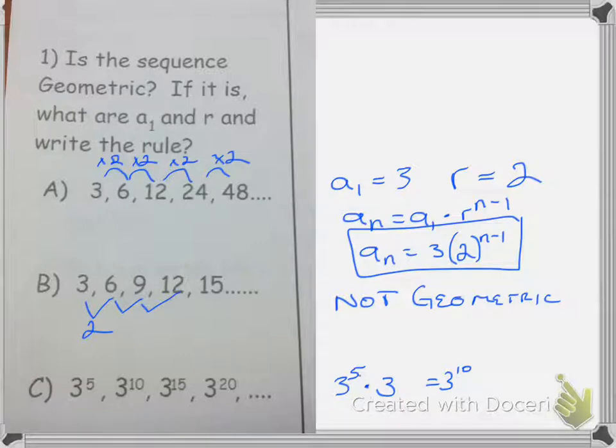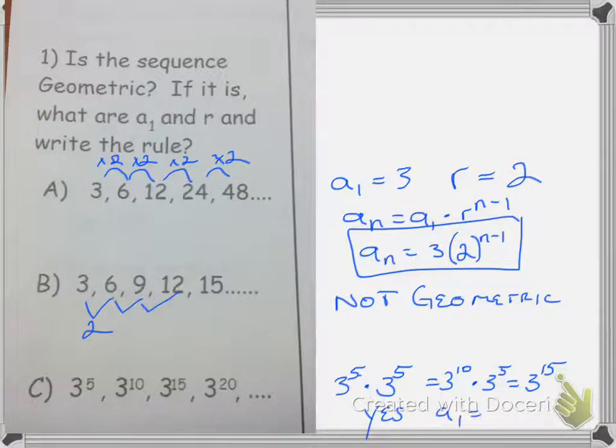So to get from 5 to 10, I would really have another exponent of 5. So 3 to the 5th times 3 to the 5th becomes 3 to the 10th. If I multiply by 3 to the 5th again, that's the next term, because I'm adding the exponents, 3 to the 15th. Multiply by 3 to the 5th again, that will be 3 to the 20th. So this is geometric.